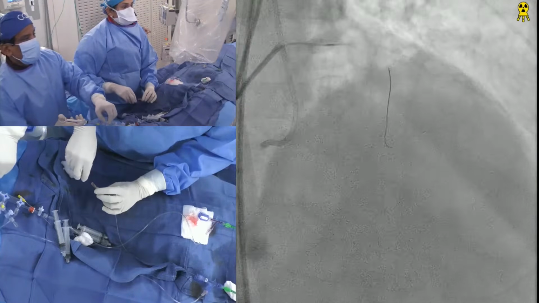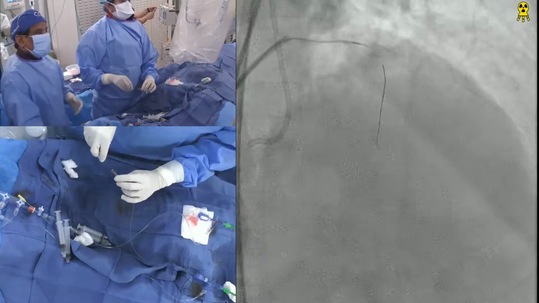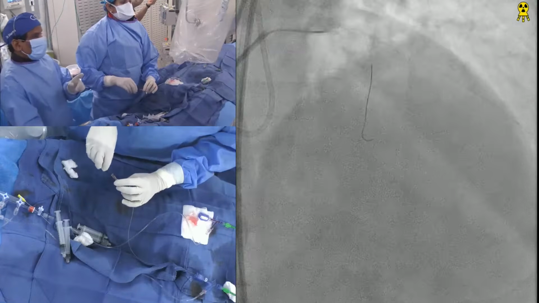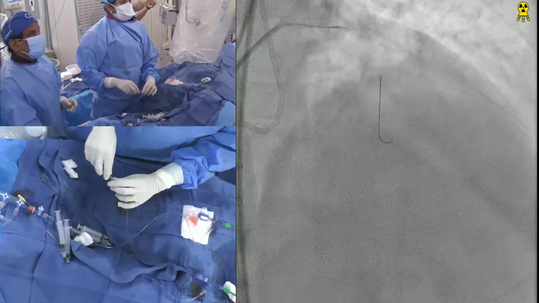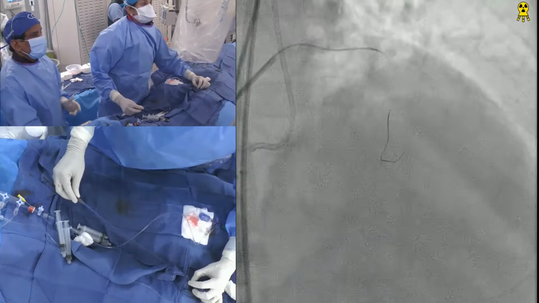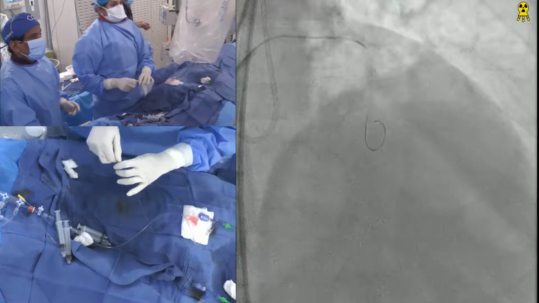What wire do you have there? Fielder FC. Okay. They are going to the second septal, but it still will be a challenge there because you have to go through the stent struts. Also, I'm not so sure it really has such a nice sound. This is not a good sign.